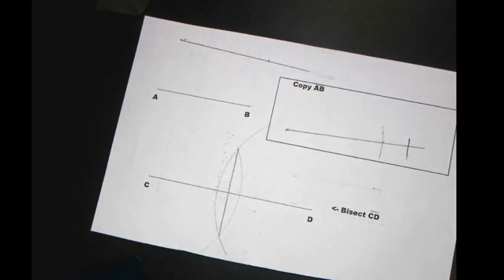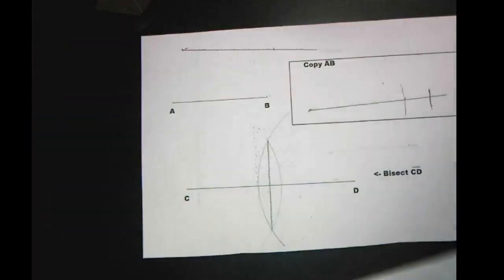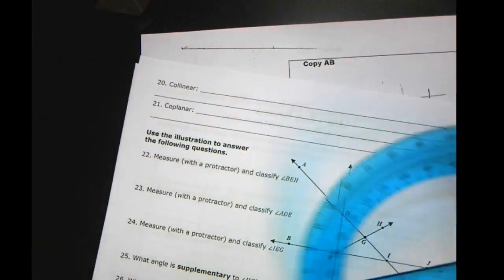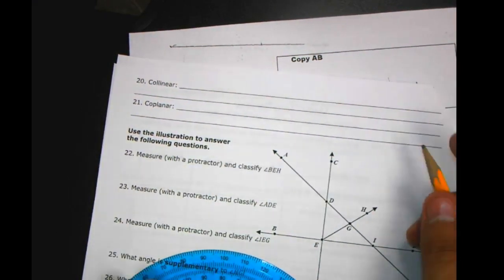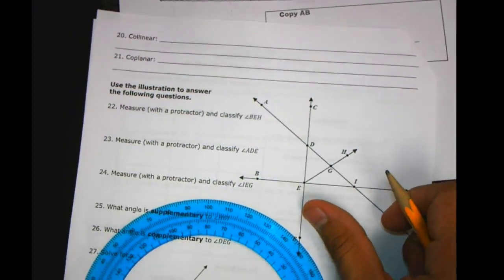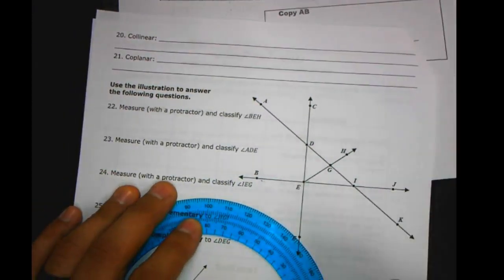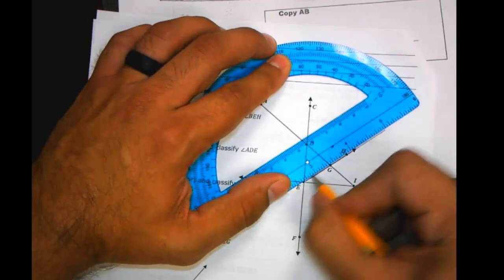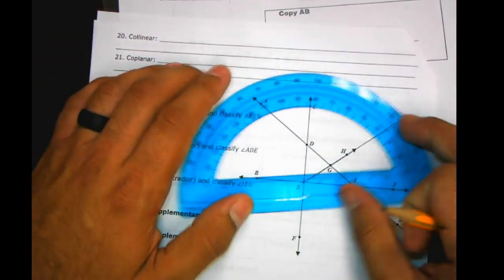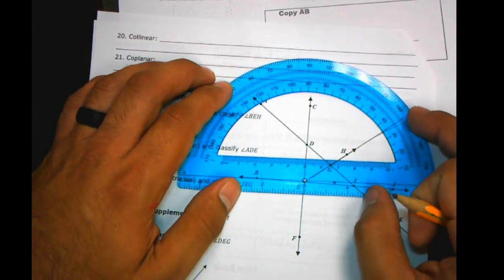So let's take a look at BEH, from B to E to H. Now I'm going to make BEH longer with my pencil, and I'm going to center it right there.